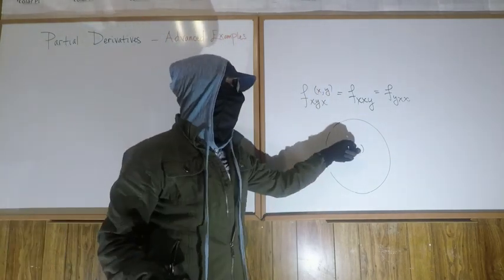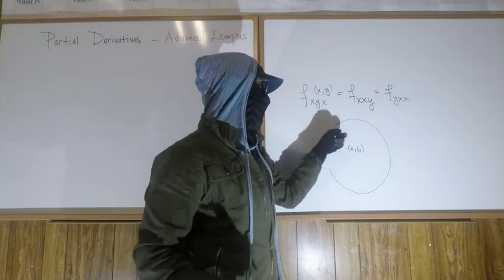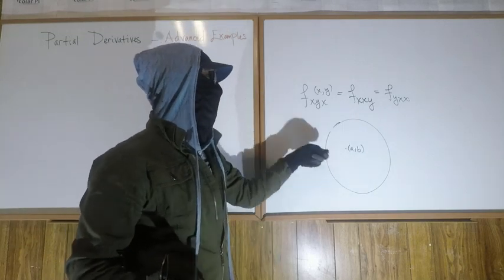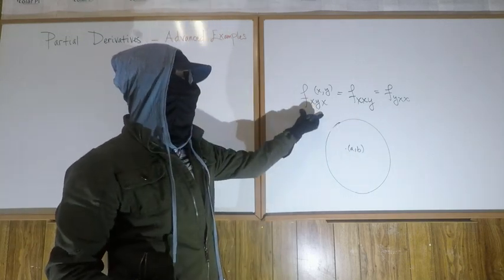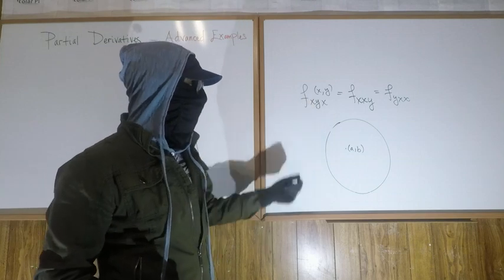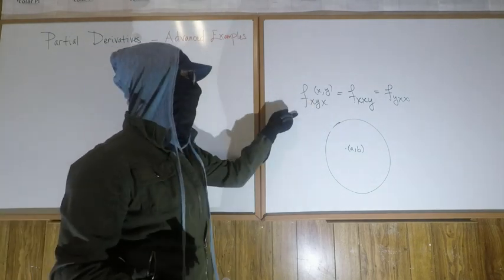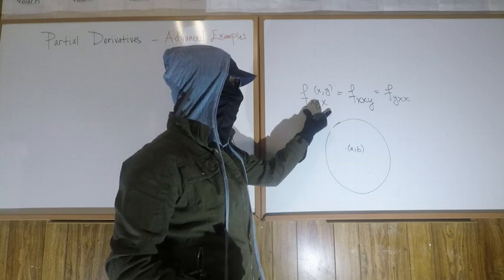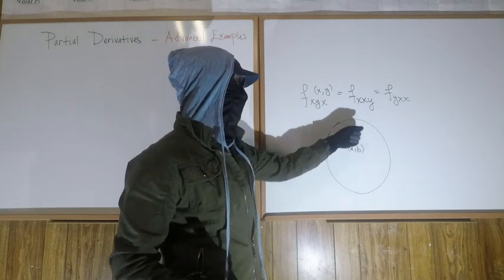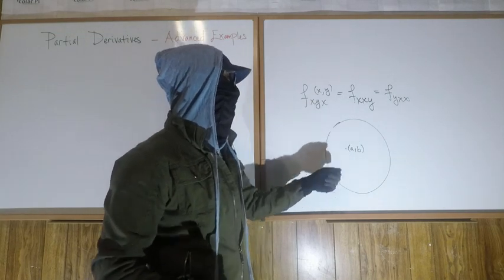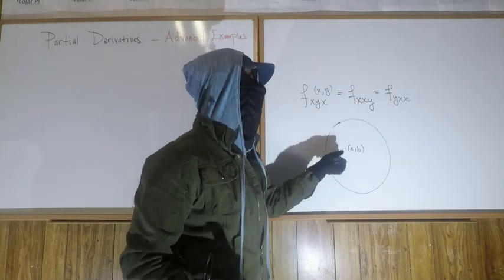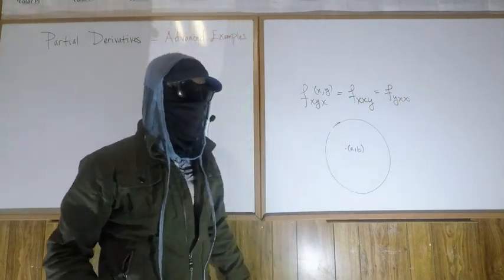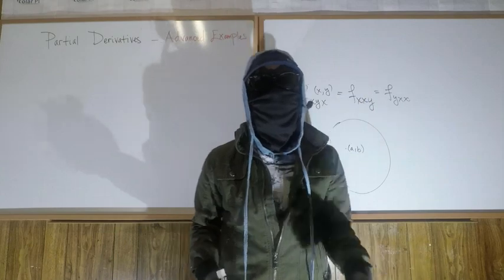The input would be (a, b), and any (x, y) in this disk is allowed. So we're saying this disk is the domain of this function. If after three mixed partials this is continuous in here, for any (a, b) I take in this domain, and this too is continuous, and this too is continuous in the same domain, then the equality holds.